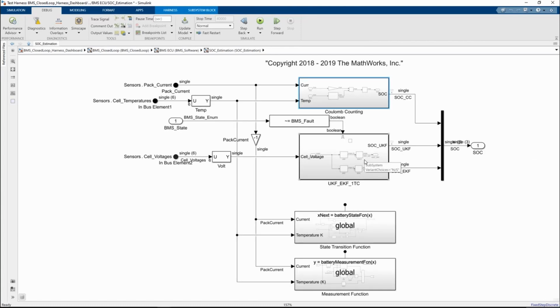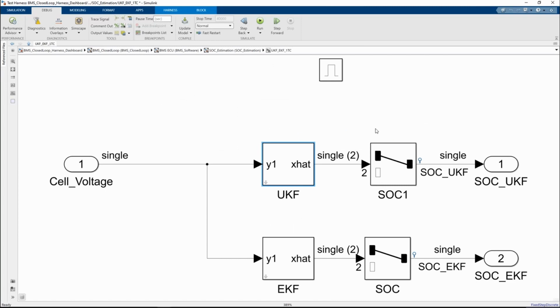The second and third SOC estimation methods implemented here are the unscented and extended Kalman filters. Both are variations of nonlinear Kalman filters, and they rely on a model of the cell to predict the terminal voltage resulting from a current stimulus, estimating the internal cell states by comparing this prediction against the measurement of the terminal voltage.